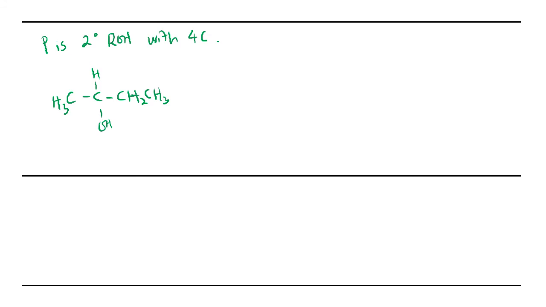When P undergoes oxidation to produce Q, it becomes CH3C=OCH2CH3.